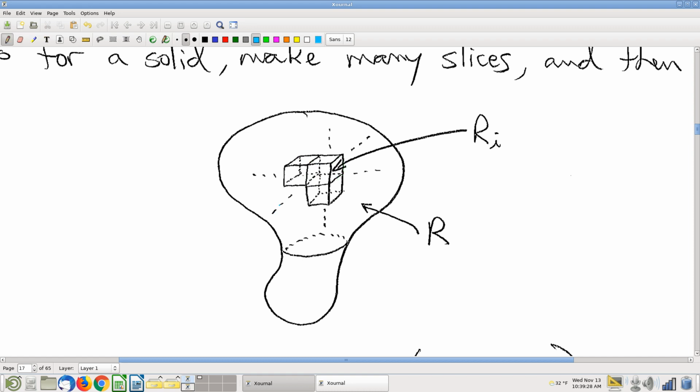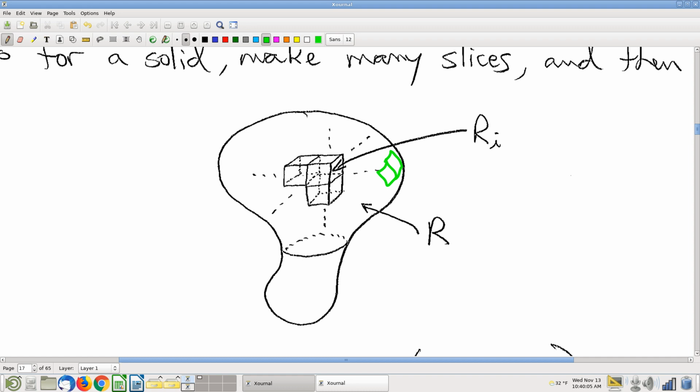And so just like every other example that we've seen, that face disappears. Likewise, this face disappears. Likewise, this face disappears. All of the interior faces that you make when you chop up this solid, they all disappear. The only faces that remain are the faces that were not in the interior. Namely, these faces out here on the sides. Does that make sense?